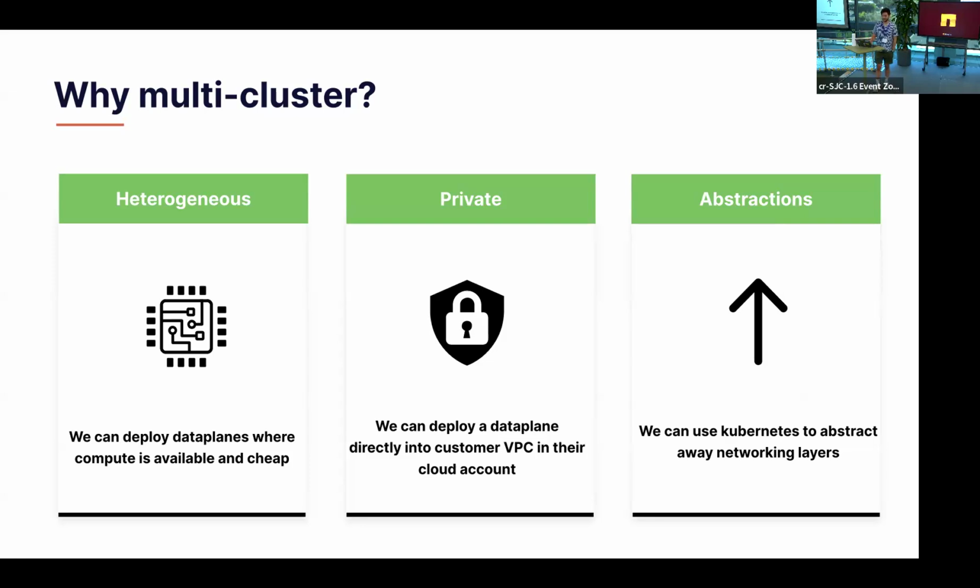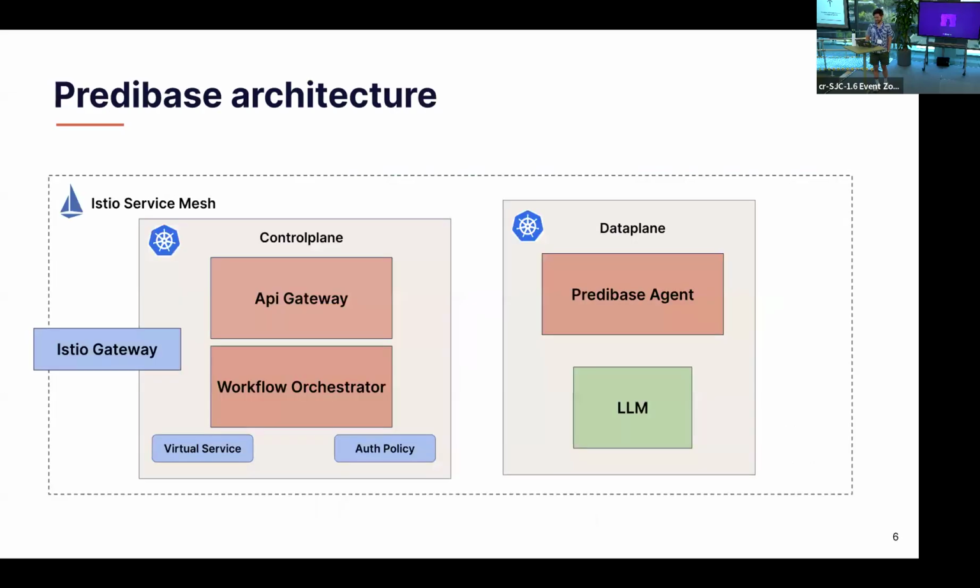Additionally, if customers are worried about data leaving their environment, we can have workload clusters running in their VPC. So all the training and all the inference happens there. Data never leaves, customers happy. Finally, there are some more interesting things you can do with using Kubernetes clusters as resources. I'll get into that at the end.